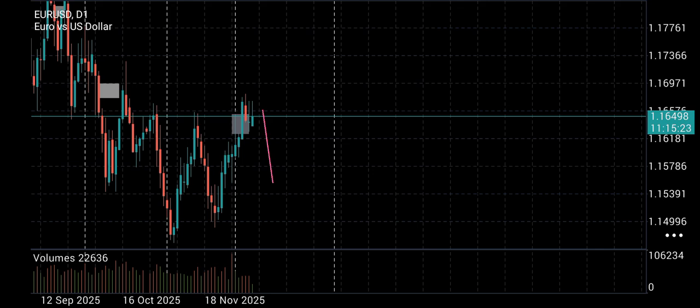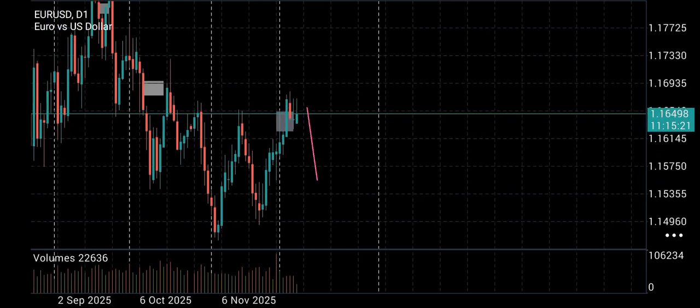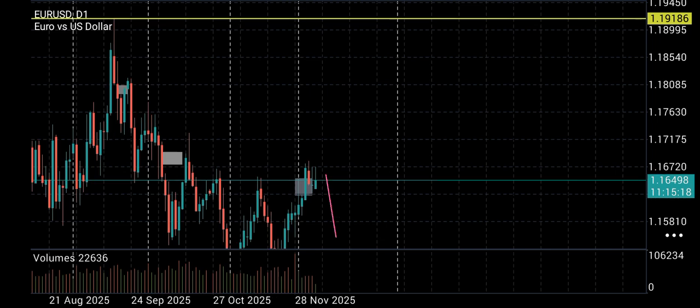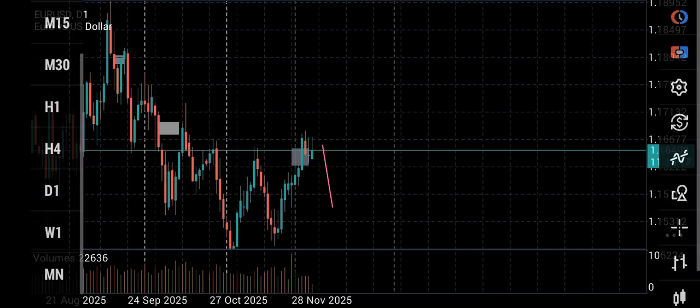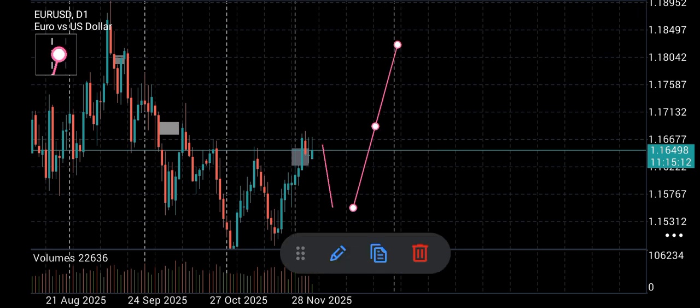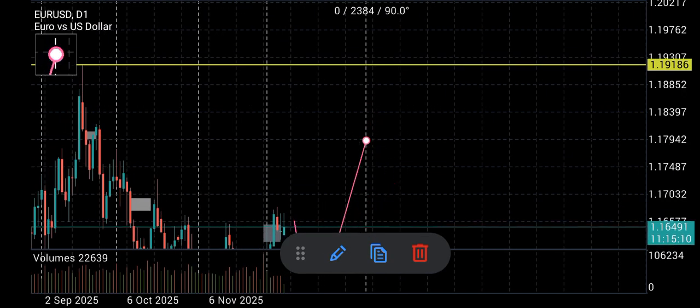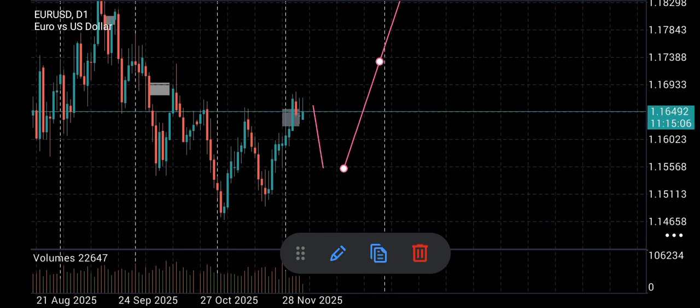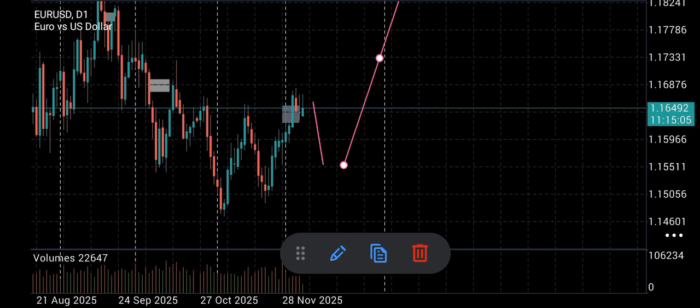Okay, and then from here I expect it to push up. Expect it to push from here all the way. Of course, there's going to be retracement on the way, but the whole aim will be around this point because the structure has been established. This is my projection on this.